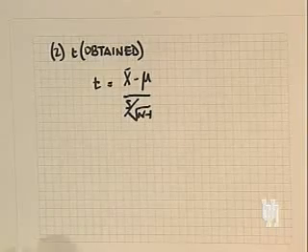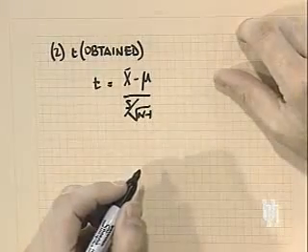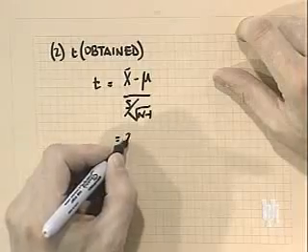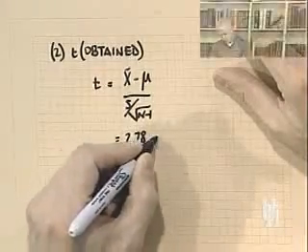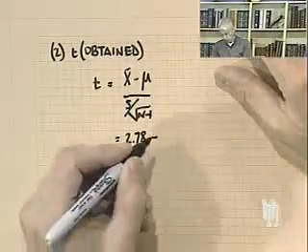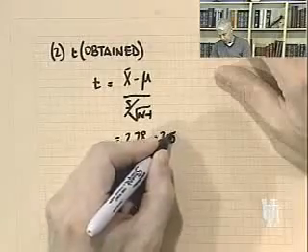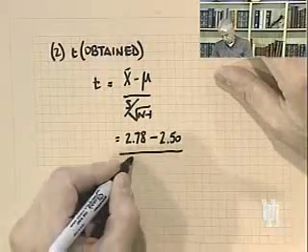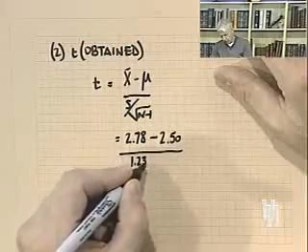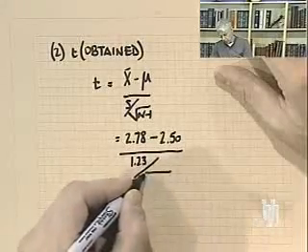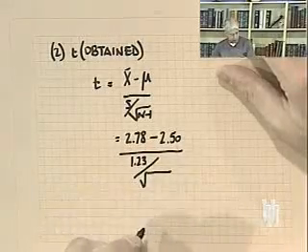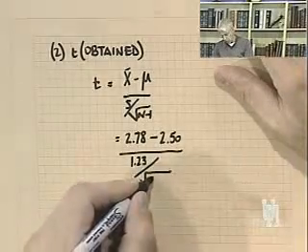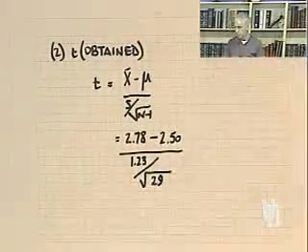And given the data here, that translates to x bar is 2.78 minus mu, which is 2.50, divided by s, which is 1.23, over the square root of n minus 1. N is 30, so the square root of 29.